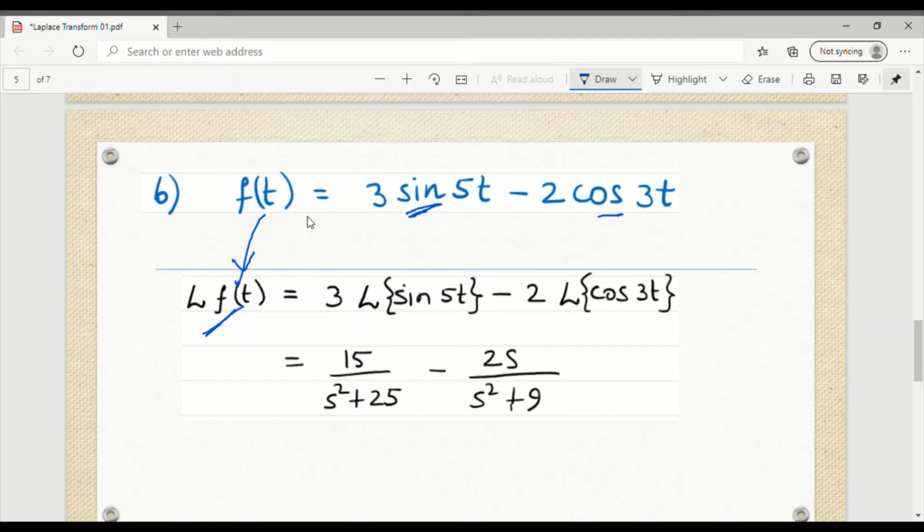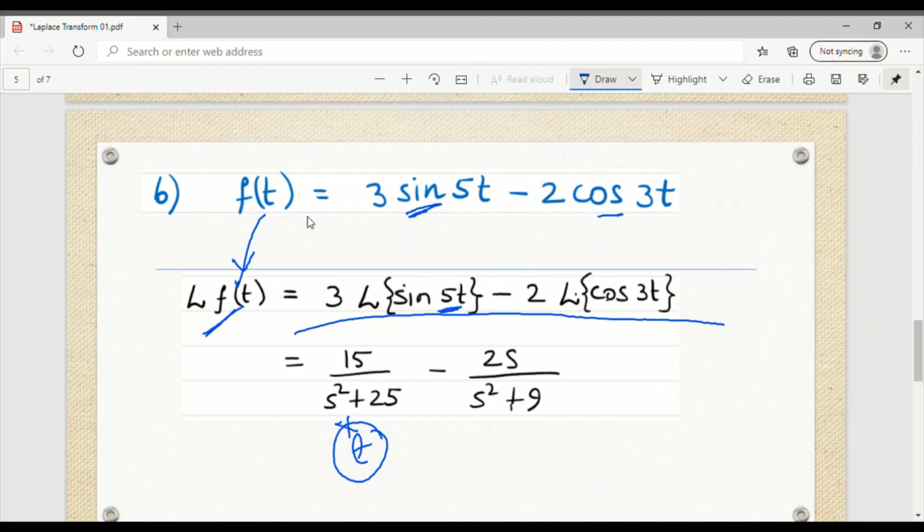Whenever you are done with Laplace of function t, after that you don't have to use t here. Don't get confused. If you got the concept, you will never write t and s together, correct? Because once you have done the transformation, you have come into the frequency domain. So you won't write t, you write s only.